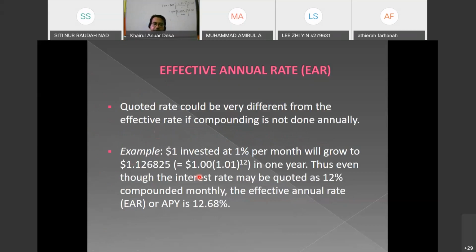Okay, for example, RM1 invested at 1% per month grows to 1.126825 in 1 year. Kalau kita compoundkan dia 12 kali dalam setahun. Thus, even though the interest rate may be quoted as 12% compounded monthly, the effective annual rate or EAR actually is 12.68%. Right?